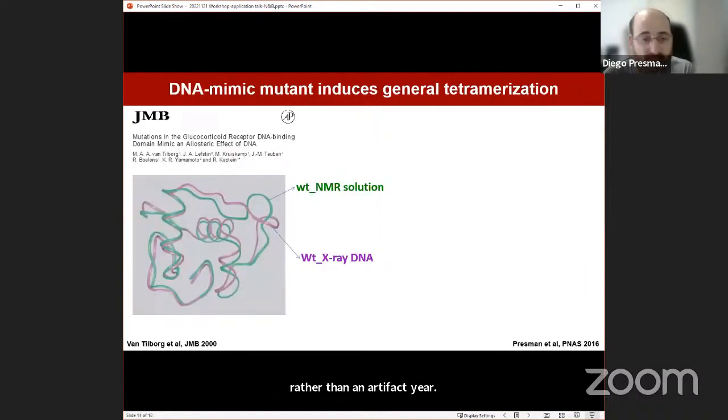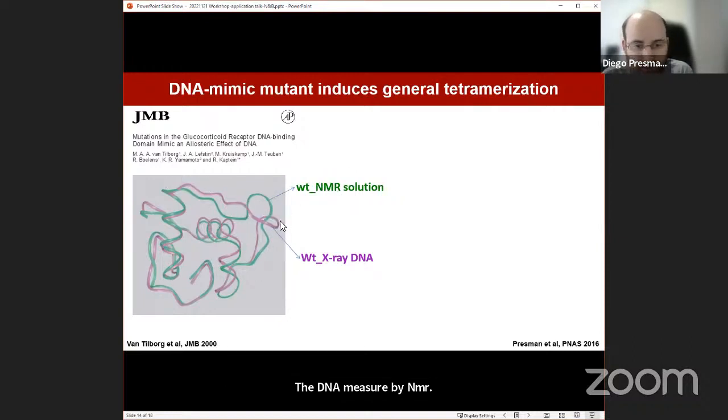These guys were studying the DNA binding domain only, a part of the protein. Here is what it looks like when it's bound to DNA, by X-ray crystallography. And here is what it looks like when it's not bound to DNA, measured by NMR in solution. You can see that the structure is quite similar.